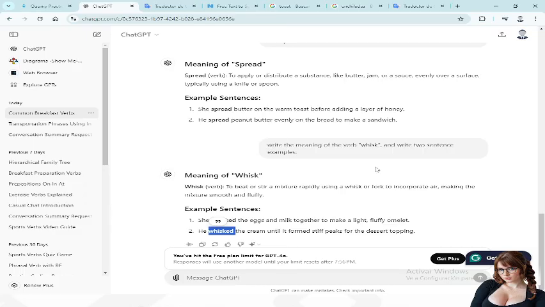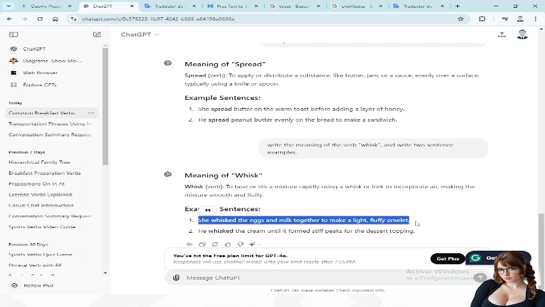She whisked the eggs and milk together to make a light, fluffy omelette. This is the sentence, and right now I am going to write it in my notebook.